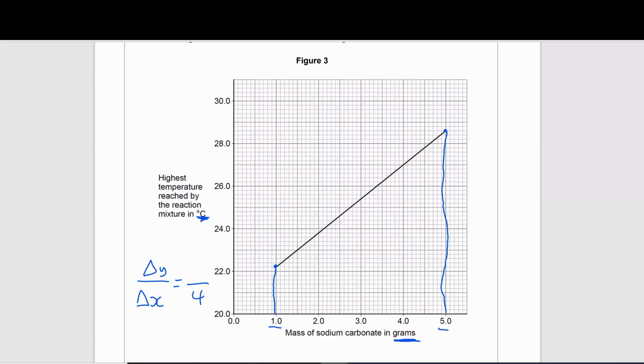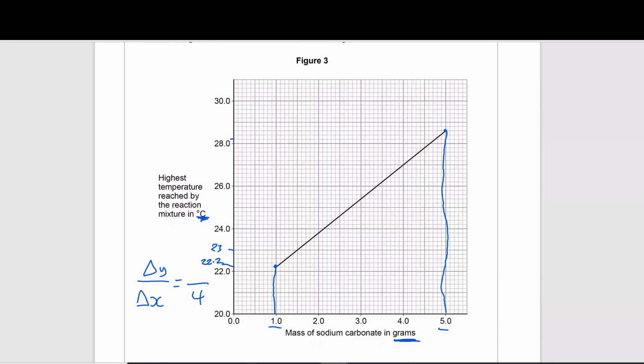Let's find out our change in y now. Let's figure out what the scale on our y-axis is going up in. You can see that the value in the middle is 23, so each line is going up 0.2 each time. So that first point for our y-axis should be 22.2.